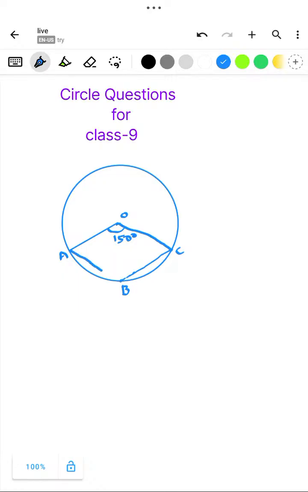A is also connected to B. Now in this figure you have to find out angle ABC. Find angle ABC.